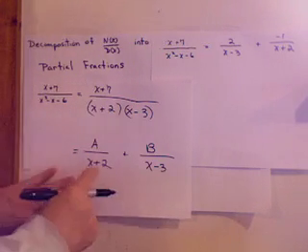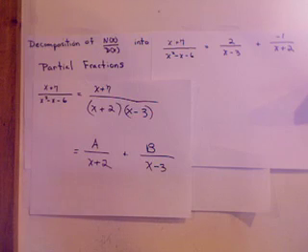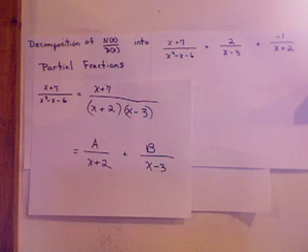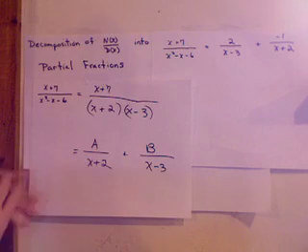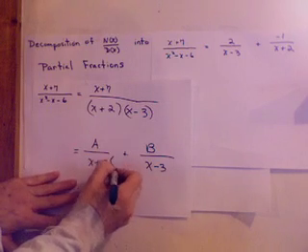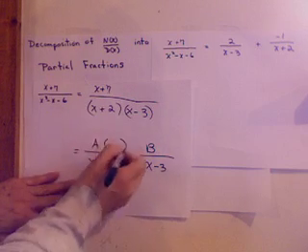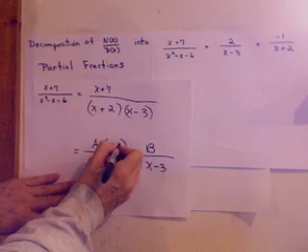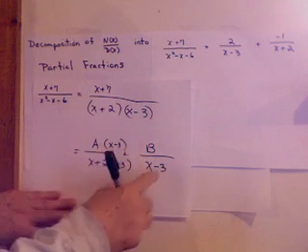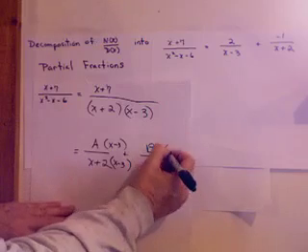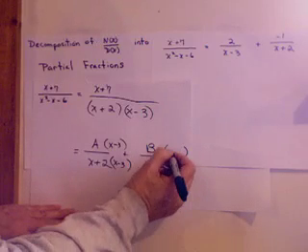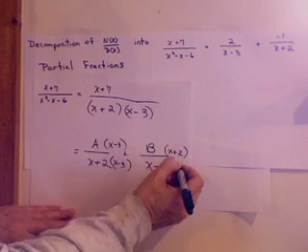If I were to add these two fractions together, I'd need common denominators. You agree with that, right? Which means this fraction needs x minus 3 on the top and the bottom. What does this one need on the top and the bottom? x plus 2.